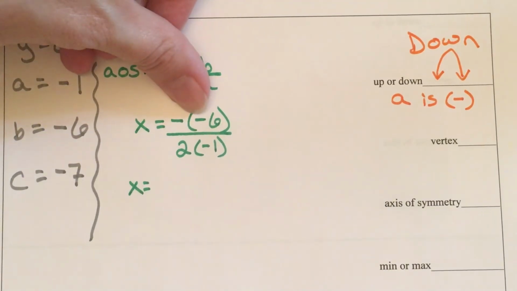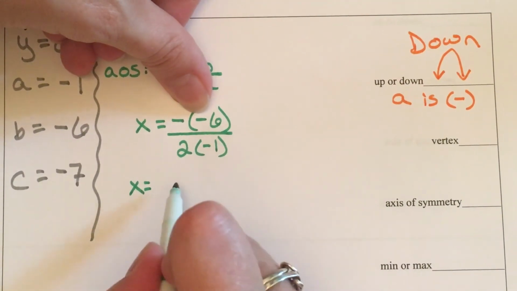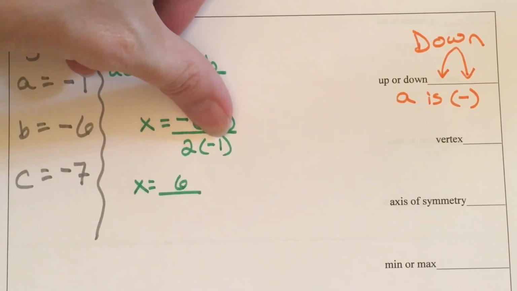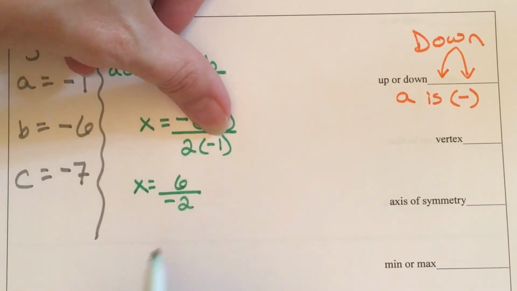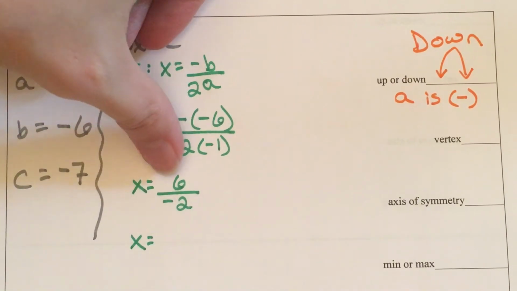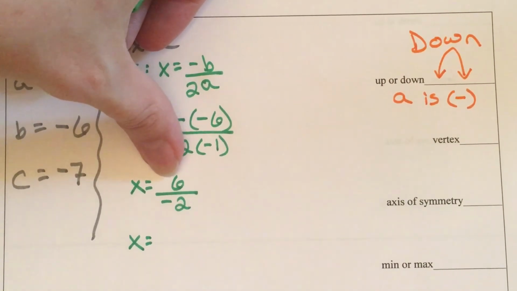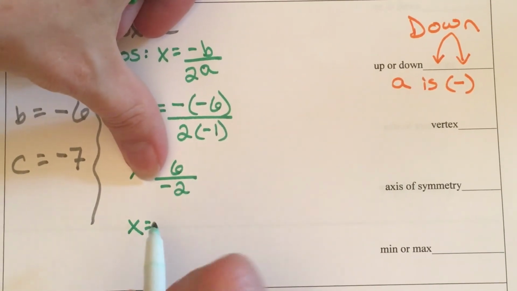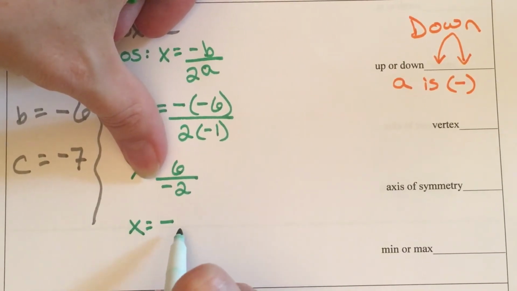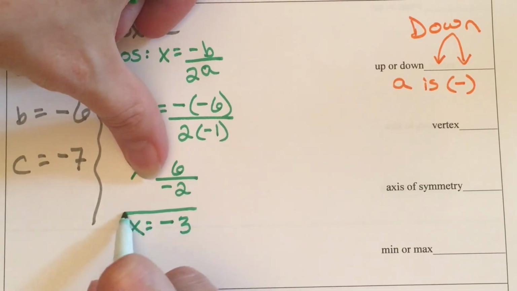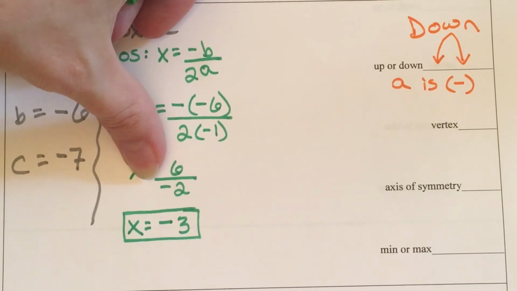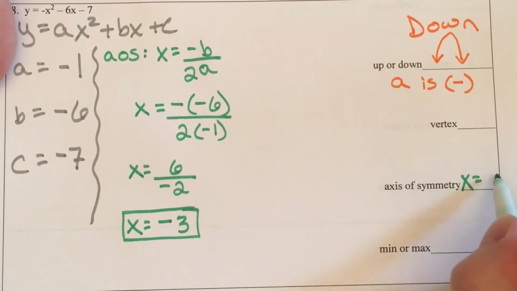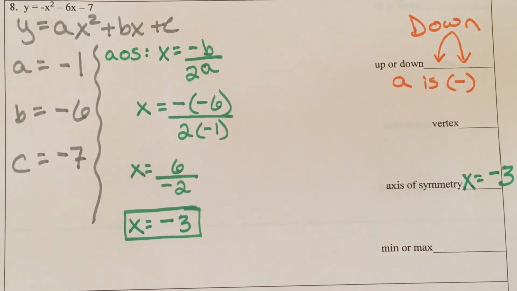A negative and a negative side by side, positive 6. 2 times negative 1, negative 2. What's a positive divided by a negative? That's right, it's a negative. What's 6 divided by 2? 3. So the axis of symmetry is x equals negative 3. Great.